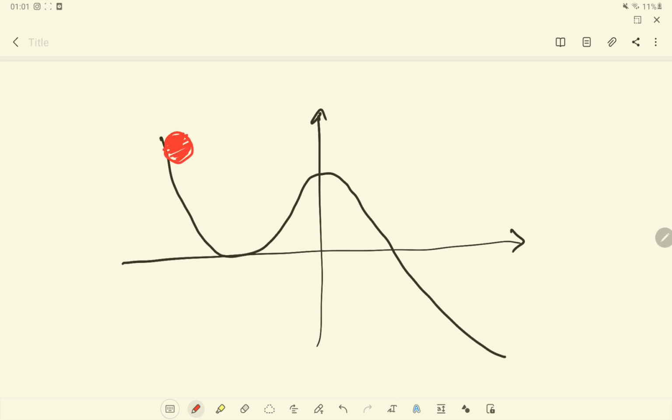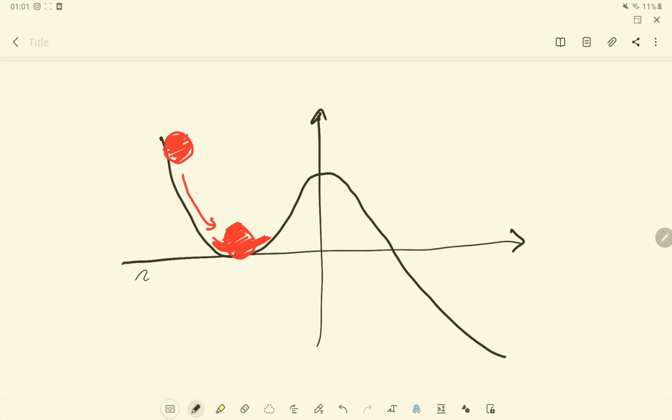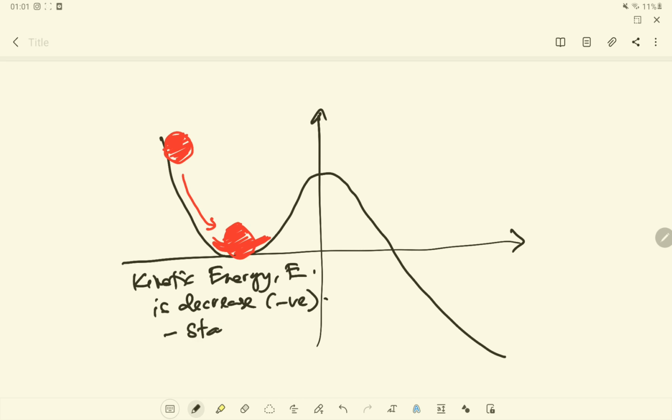Kinetic energy: the ball can roll only to the right until it stops moving, and then it slowly stops at this position. At this position, the kinetic energy E is decreasing or negative. So the system is stable.